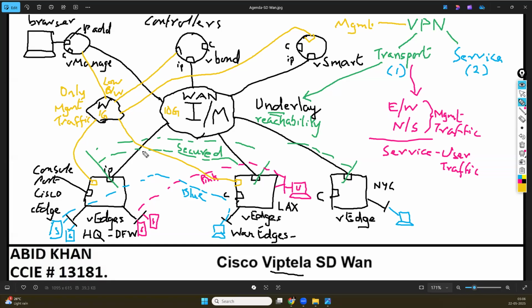We enable OSPF or BGP or we do static routing or default routing. That is one time. After that, unless we are adding a new segment or something, the routing is only a one time activity. But user data will be flowing every minute once the connectivity has been established.